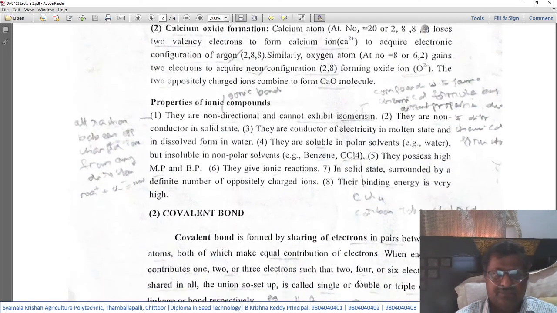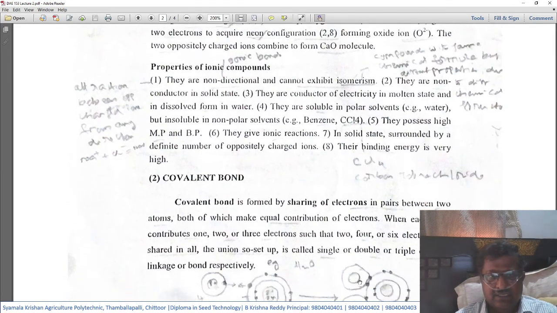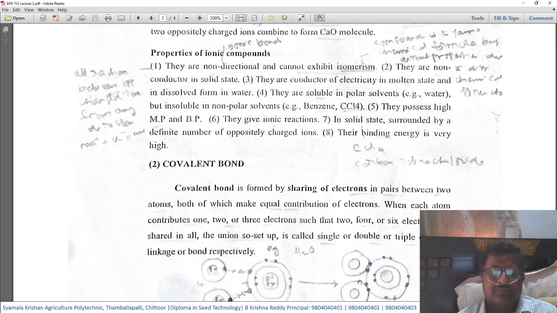Then comes the second type of bond, that is the covalent bond. A covalent bond is formed by sharing of electrons in pairs between two atoms, both of which make equal contribution of electrons.